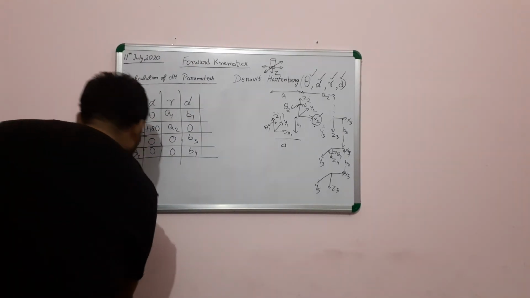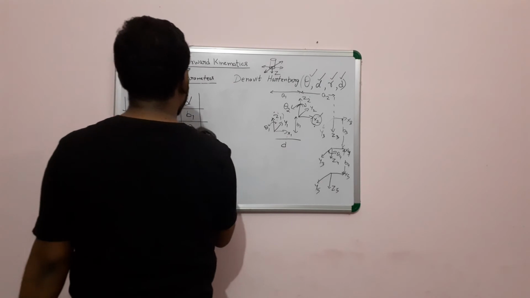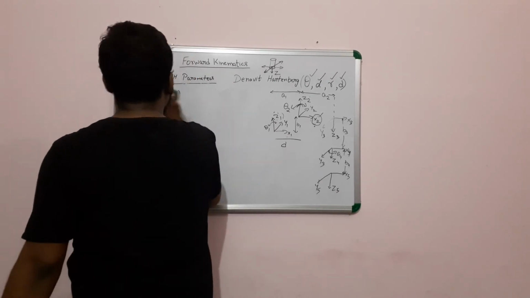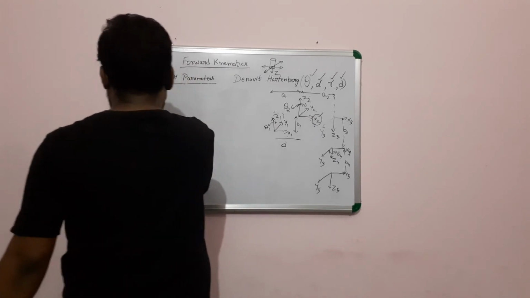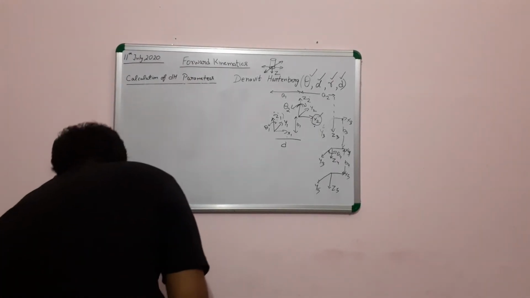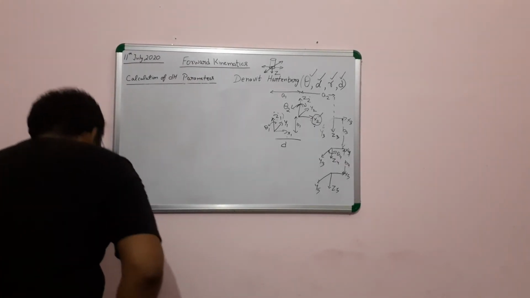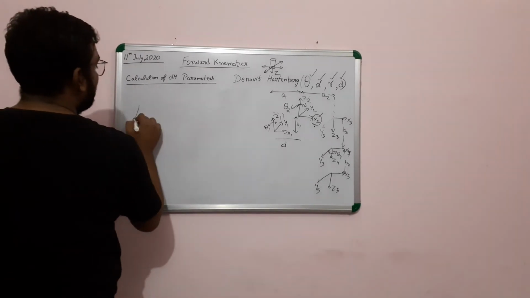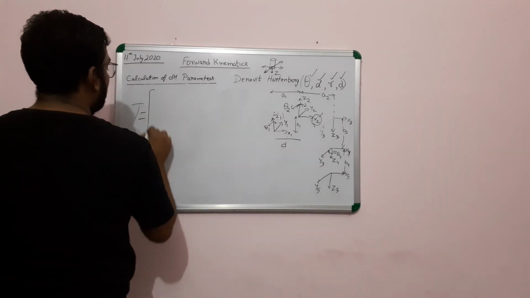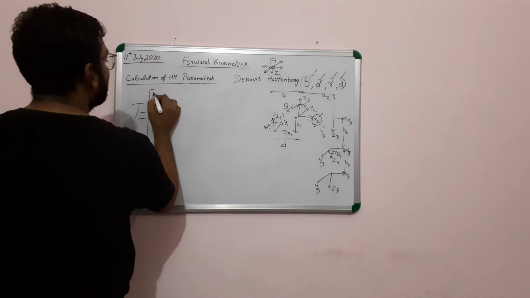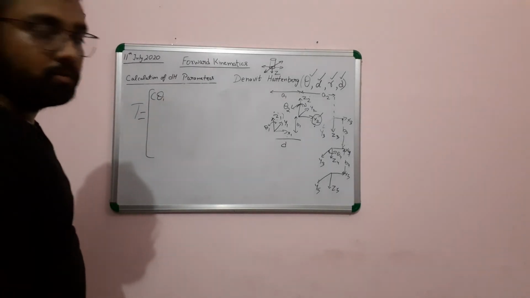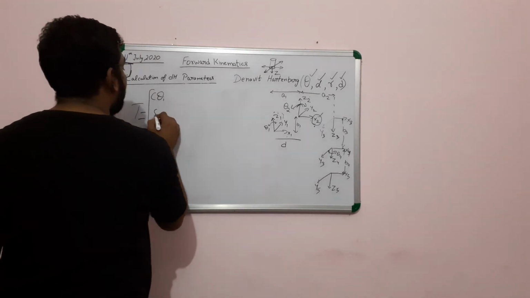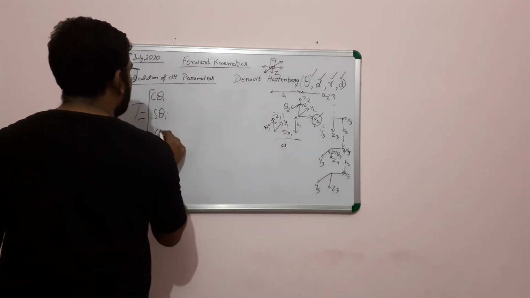Now, if we are able to do this, then the question is over. I'll remove this, okay? So what is the transformation matrix that we have? The matrix can be given as this, called the transformation matrix. This can be given as c theta i, where c is cos, of course, s theta i, 0, 0.